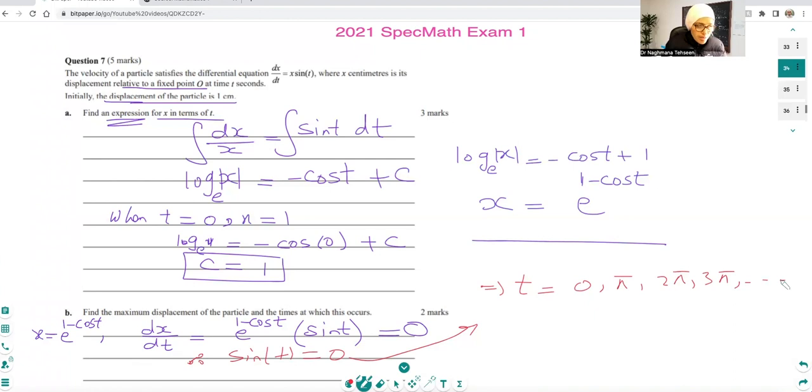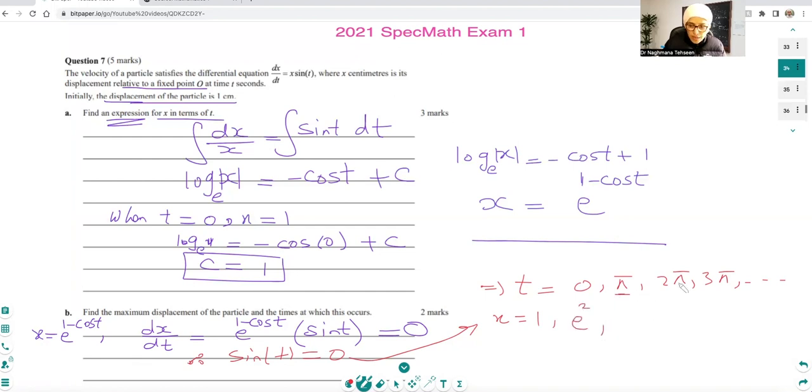So what is x going to be? When t is 0, x is 1. When t is pi, x would be e to the power 2.